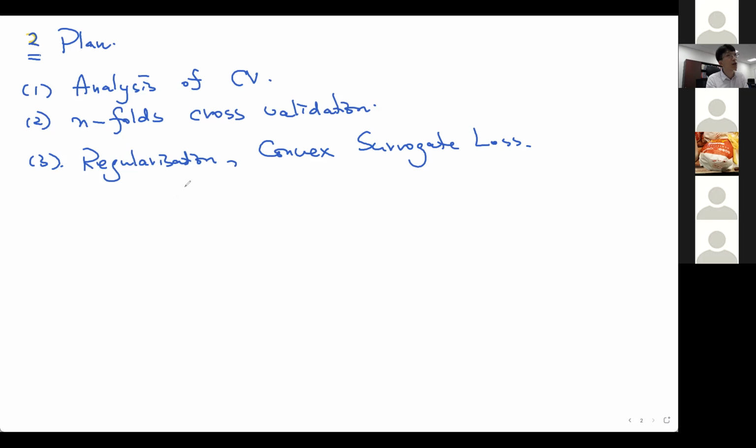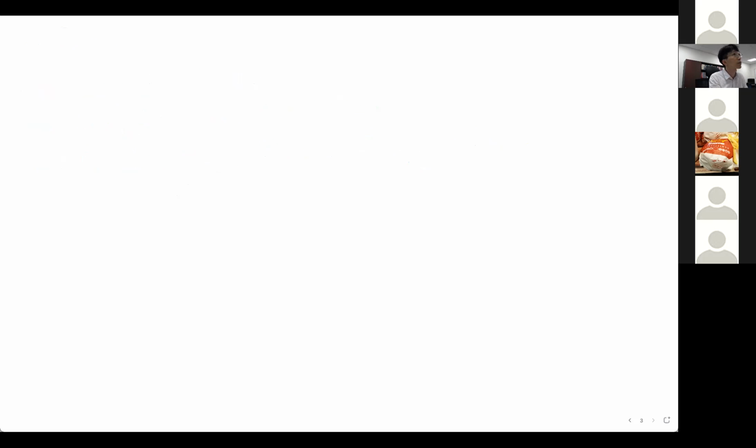In all these algorithms that we are talking about, like structural risk minimization, cross-validation, and n-fold cross-validation. So let's start with the analysis of cross-validation. The analysis in the textbook, I'm not entirely sure whether it's correct.